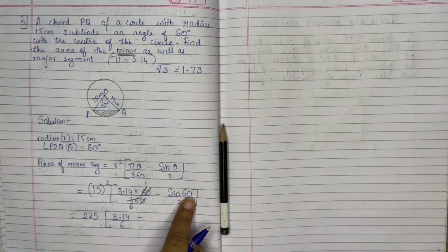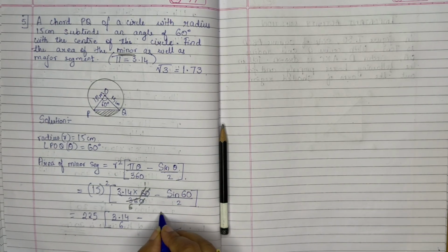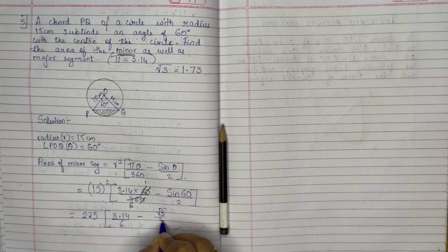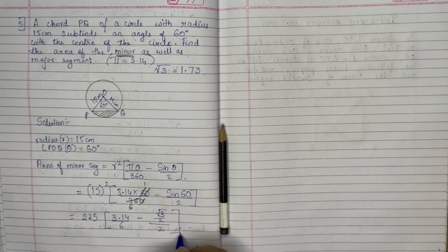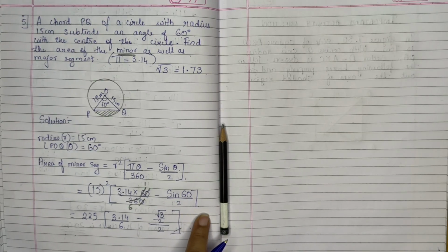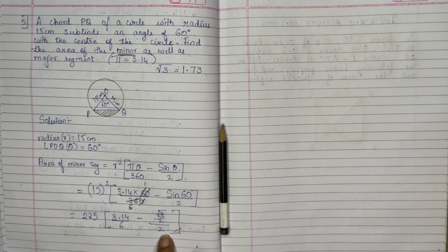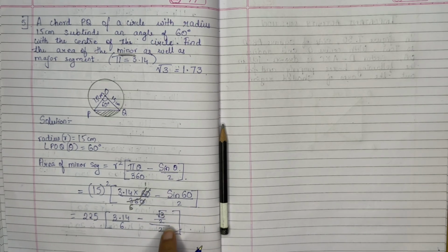Value of sin 60 is root 3 upon 2, and this 2 in the denominator's place, upon 2. Understood? Now we will solve this first.